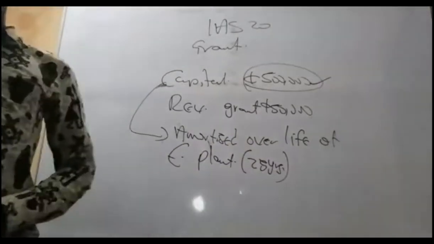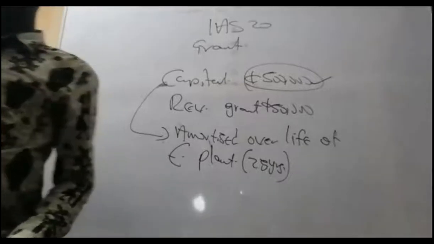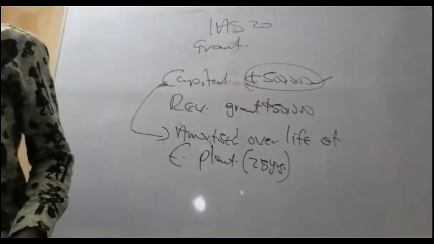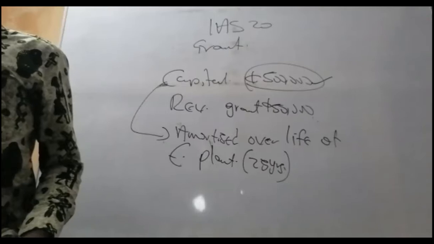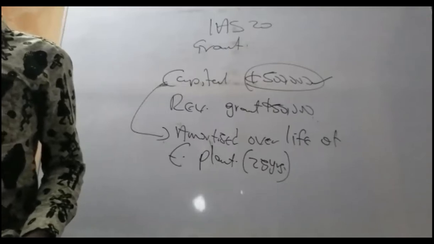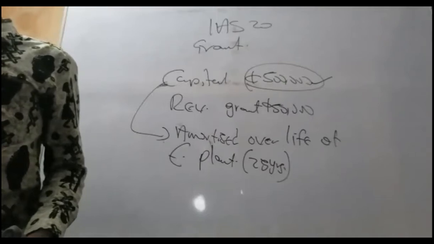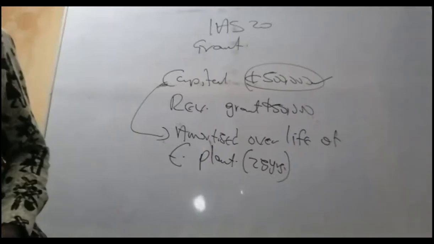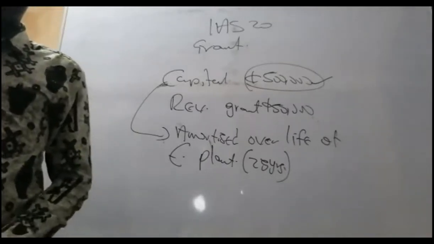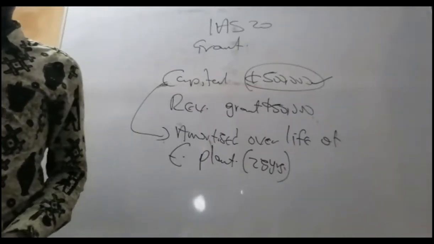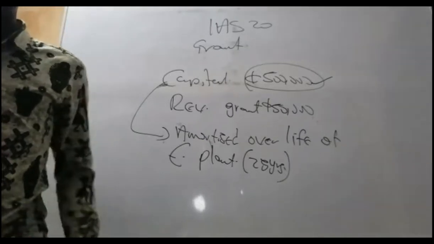So 500,000 over 25 years. And every year, a portion will be released to the income statement. So that will be the treatment. Every year, a portion will be released to the income statement, with the remaining balance being set as non-current liability.